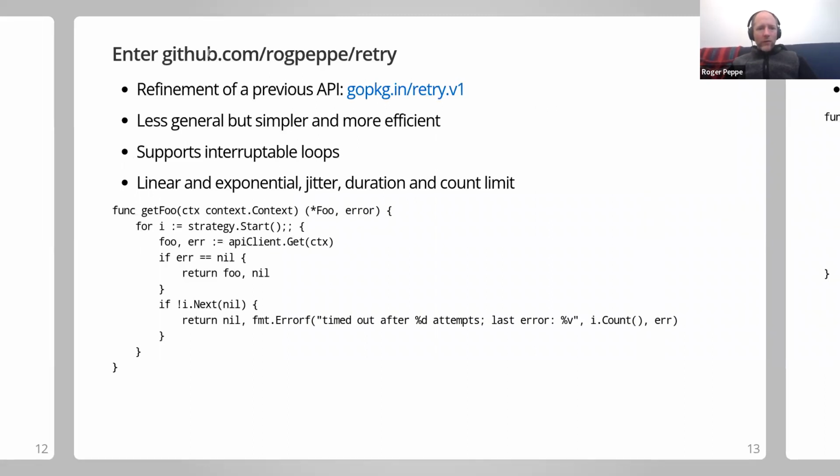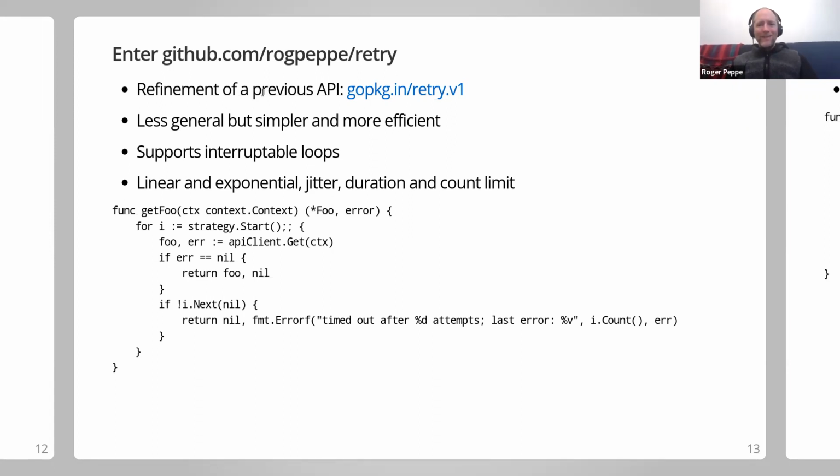So this is the package I'm talking about, the Roger Peppe /retry package. I did have another retry package that I wrote years ago, which is kind of similar, but I prefer this iteration. That other one was also under an LGPL license, and that meant I couldn't use it in my current job.